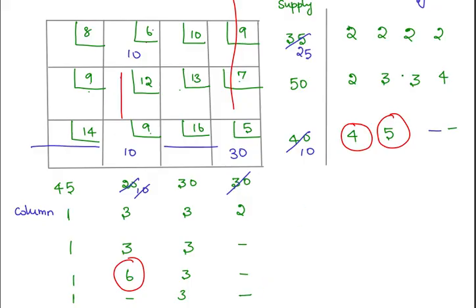Correct? So now again the row penalty maximum is here only. The minimum is 9, and I want to give the maximum value here only. Correct? So between 45 and 50, the minimum is 45. I will allot here, so this is also over. Here remaining is 5.